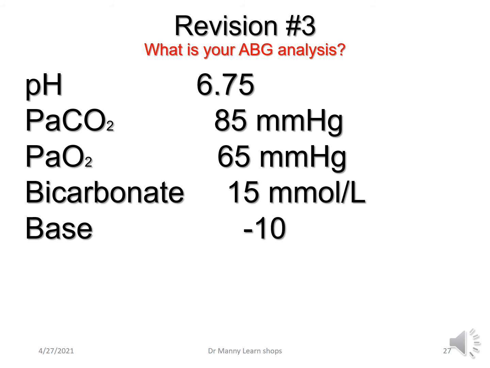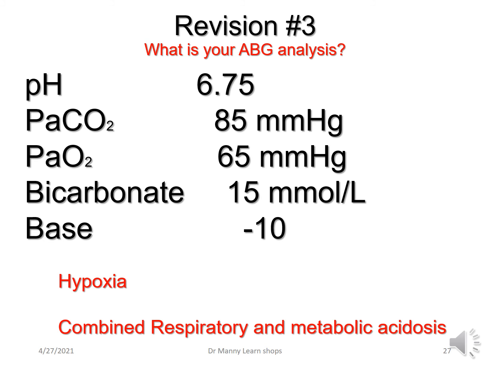The CO2 fits the pH, respiratory acidosis. But the bicarbonate and base do as well, metabolic acidosis. So what you've got is hypoxia and a combined respiratory and metabolic acidosis, which could be a person with diabetic ketoacidosis.